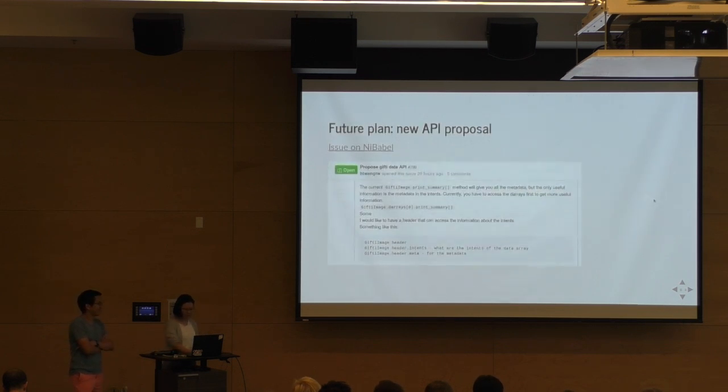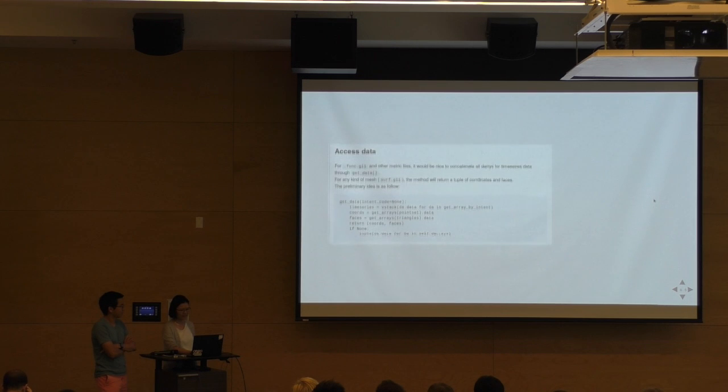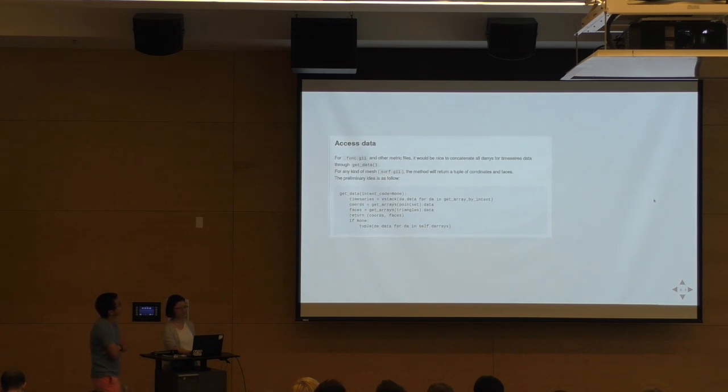So the new plan is to propose a new API. Currently, we opened an issue on NiBabel, and we have two parts. The first part is how to access the metadata, and the other part is how to access the data. Chris has already replied to it about an hour ago, but I haven't had a chance to look at it yet.